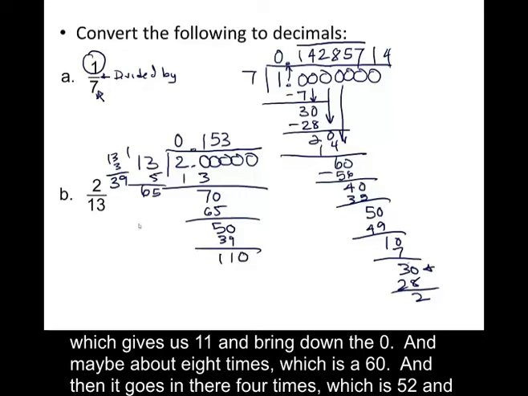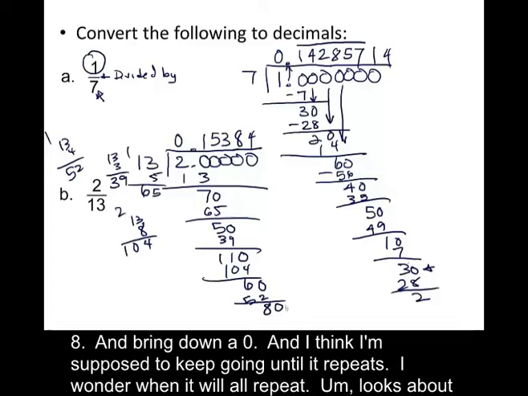And maybe about 8 times, which is 104, and that leaves a 6. Bring down a 0, and then it goes in there 4 times, which is 52, and 8, and bring down a 0.